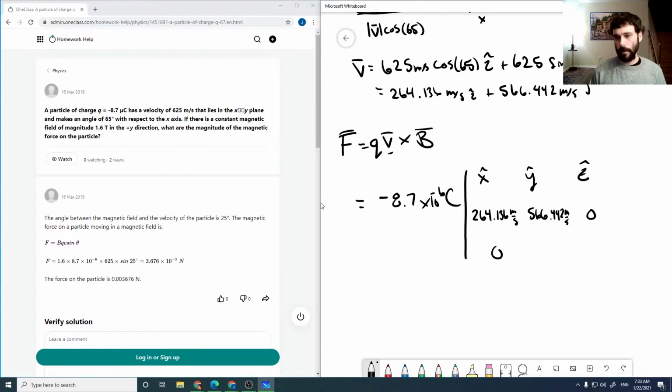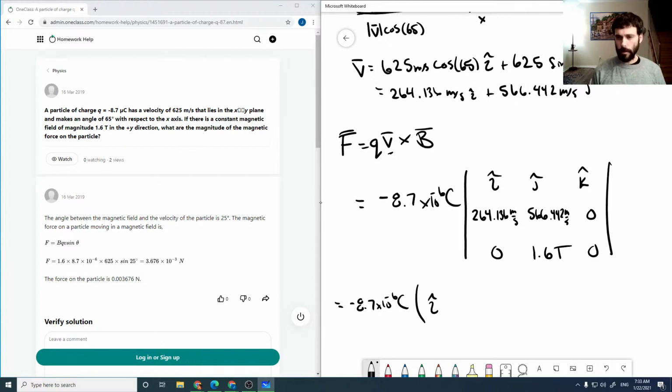Our B field is 1.6 Tesla. And so we take the determinant of this matrix. I'll use i hat, j hat, k hat, just to be consistent.